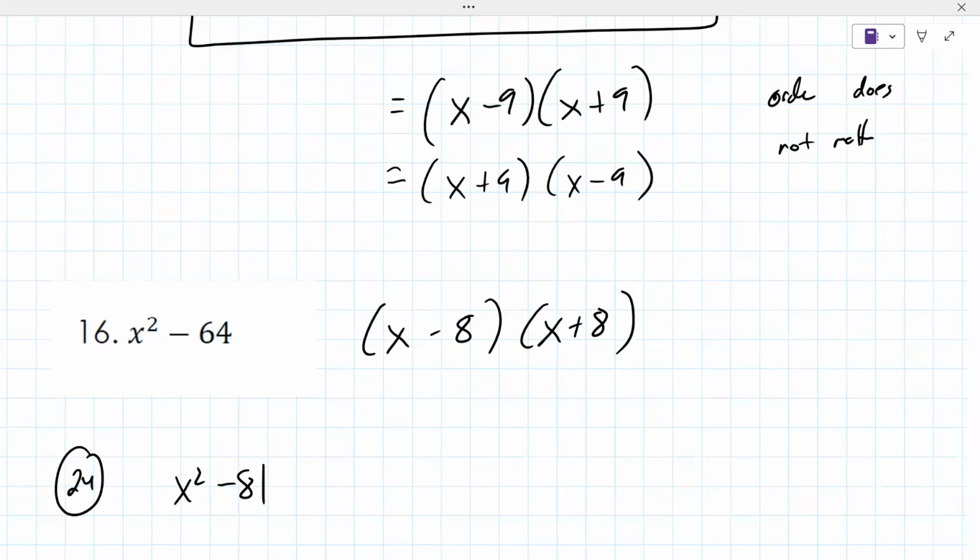And then we'll go back and we'll do x squared minus 81. That'd be x plus 9 times x minus 9.